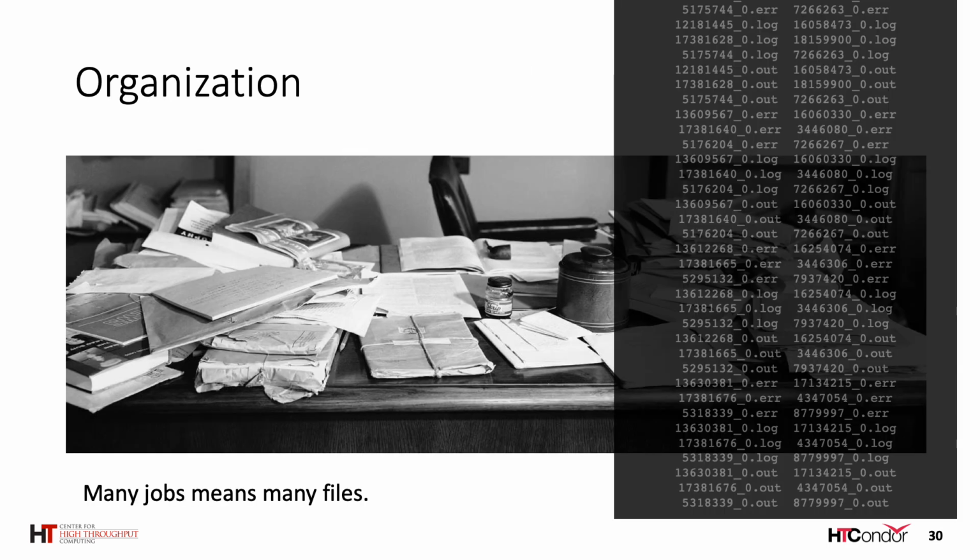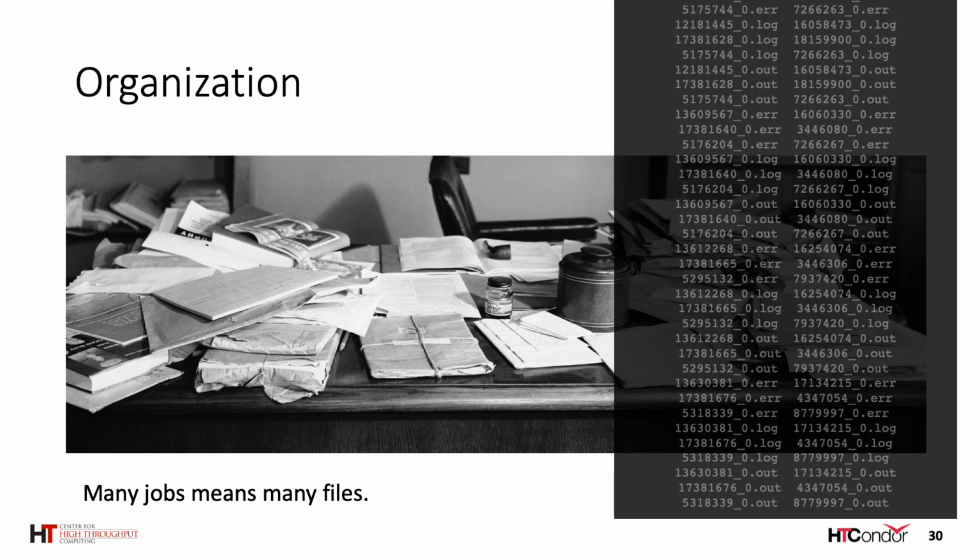The last section of this presentation isn't exactly about submitting multiple jobs, but it's about something that becomes very relevant when you start submitting lots of jobs at once, and that's organization. If you, for example, submitted 1,000 jobs and everything in the submit file was set to just go into the same submission directory, you could easily end up with over 5,000 files without really trying very hard.